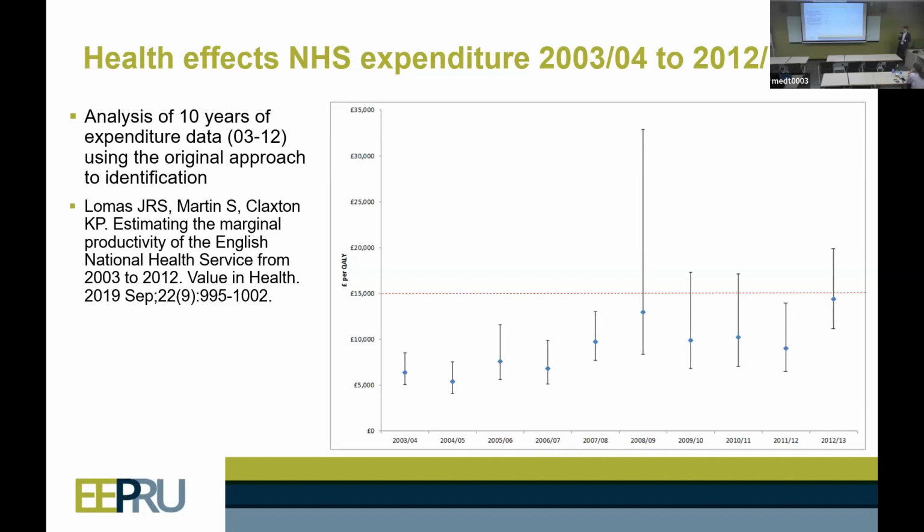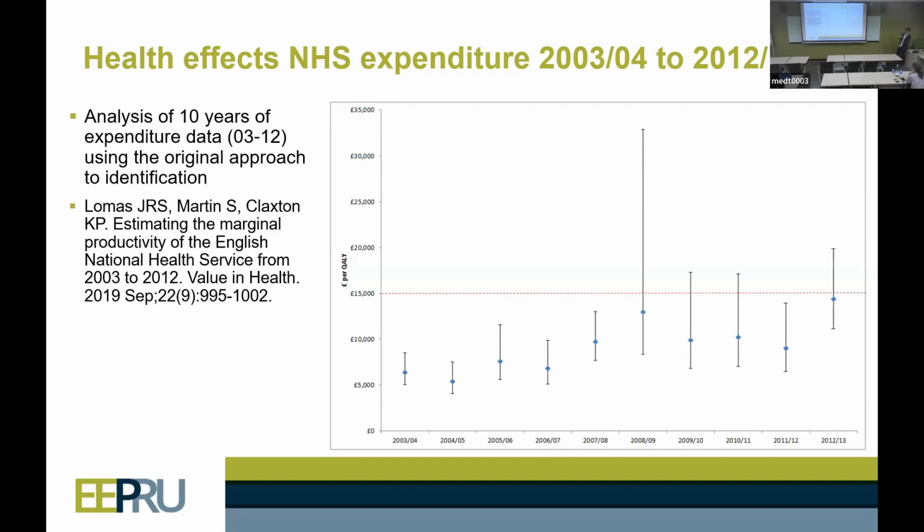So the implication is if you gave the NHS an additional £15,000, on average, they're going to produce one quality adjusted life year out of that. Or flip it on its head, if you were to cut £15,000 from the NHS, you're going to lose one quality adjusted life year that you would have otherwise had if you hadn't cut that amount of money.